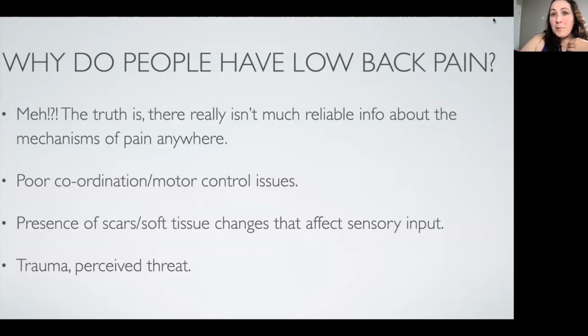The reason why people have low back pain is actually not really well understood. There's not a ton of reliable information about why people experience low back pain. Some of the factors involved in one person experiencing low back pain are not the factors involved in somebody else.